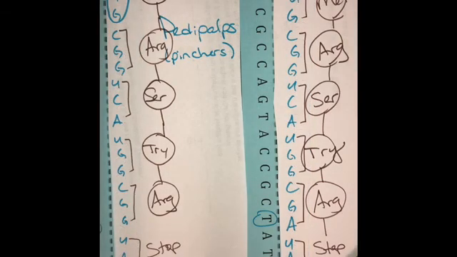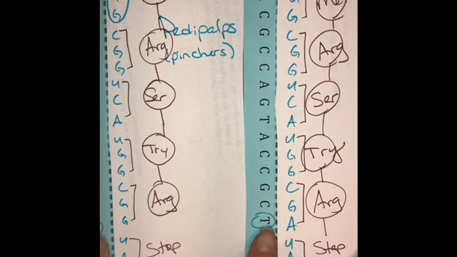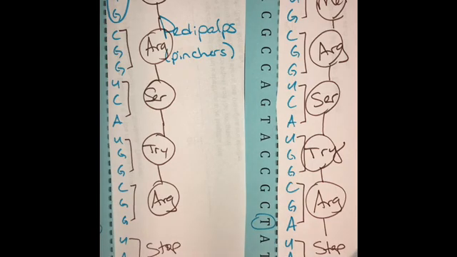When I look at the results from my pedipalp investigation, my normal protein was met, arg, ser, trp, arg, and then it stopped. I found my mutation here, looks to be a substitution, but let's make sure that the protein is actually changed. I don't expect my protein to be different until I reach my mutation, so that makes the beginning part pretty quick.